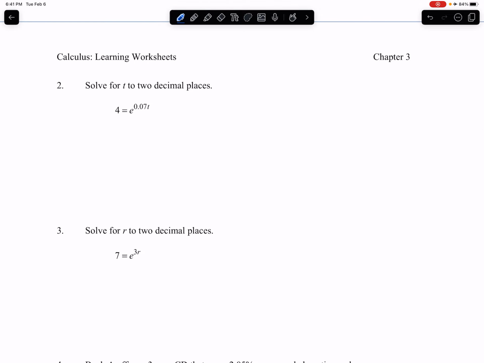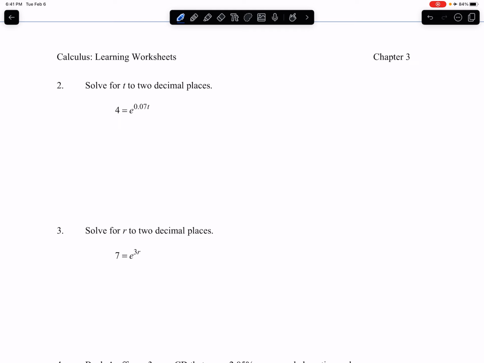Number 2, solve for t to 2 decimal places. 4 = e^(0.07t). Now we're going to use the log properties that we learned about earlier to get t alone. Since we have a base of e in this problem, we will use natural log.